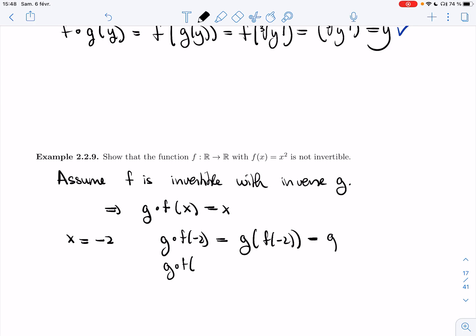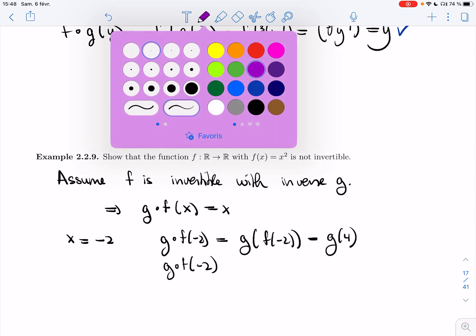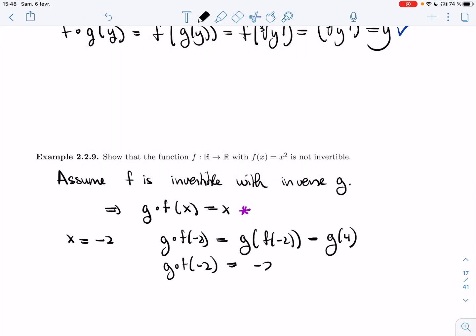F is just squaring, so this is g of 4. But also, from this right here, I'm going to get that that's -2 because I get x back, the g and the f cancel.